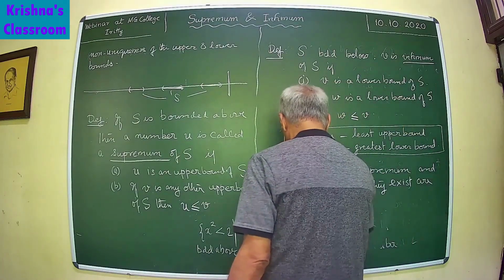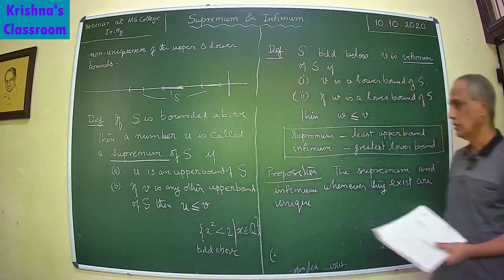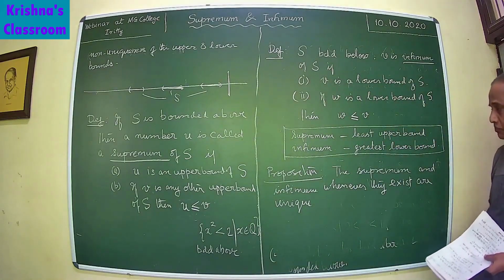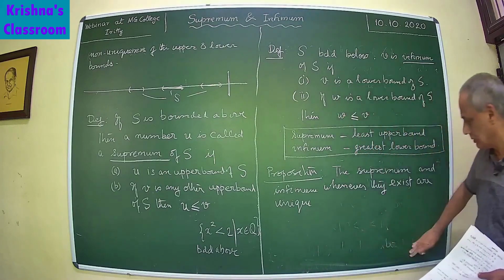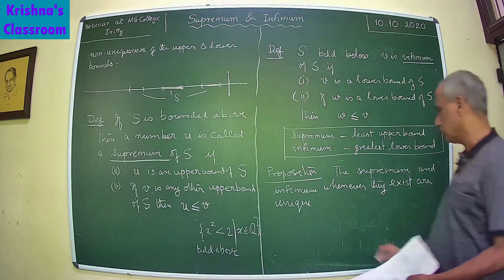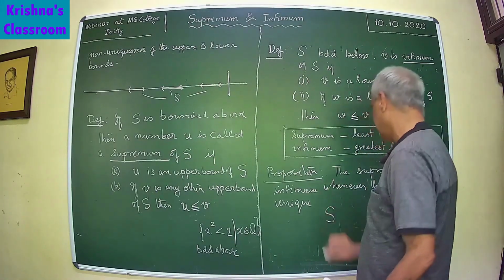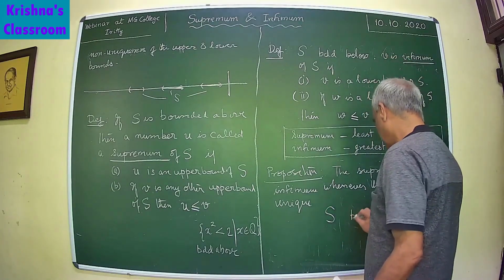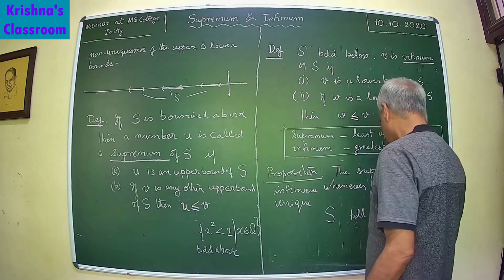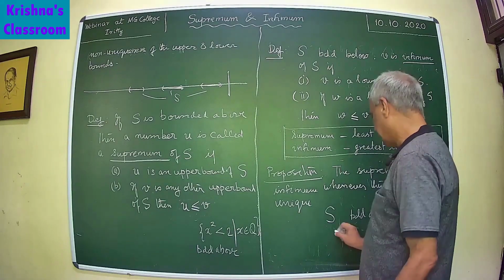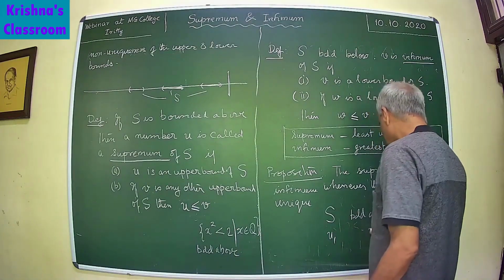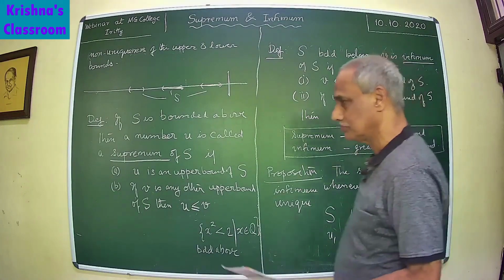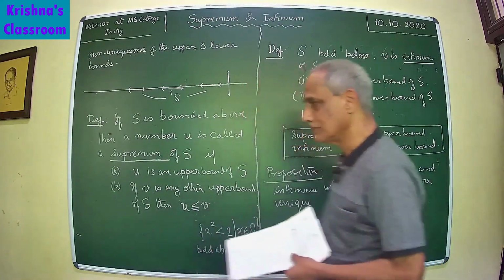How do you prove this? It's quite easy to see why it is so. Suppose S is given, bounded above, and suppose U1 is a supremum, U2 is also a supremum.